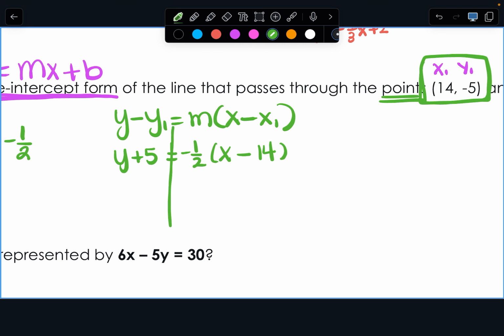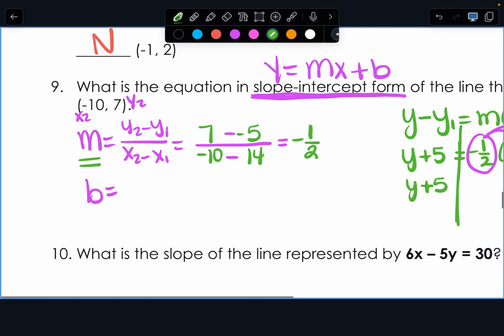And once you're done solving, you will have your equation in slope-intercept form. Wait, can you put like any x and y in for it? You can put this one or this one. Those are your only 2 options.